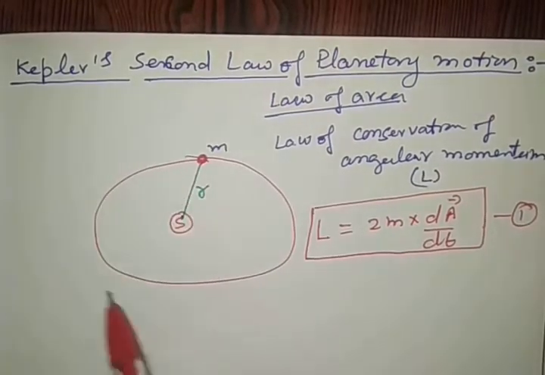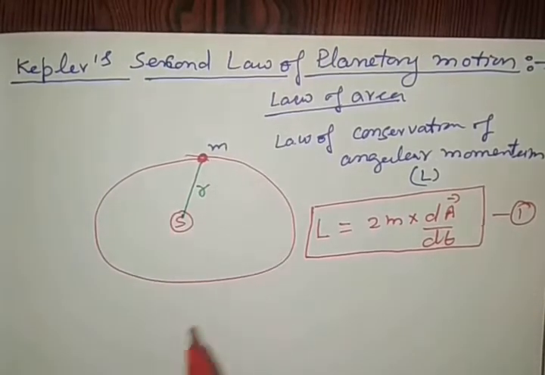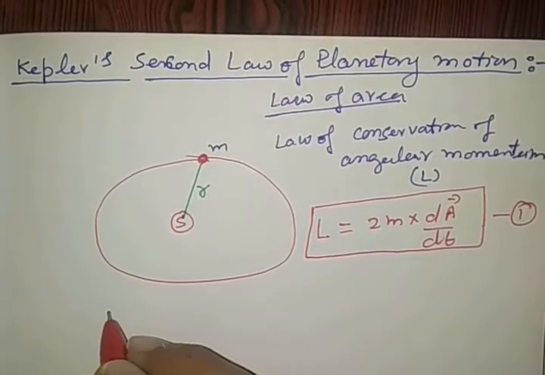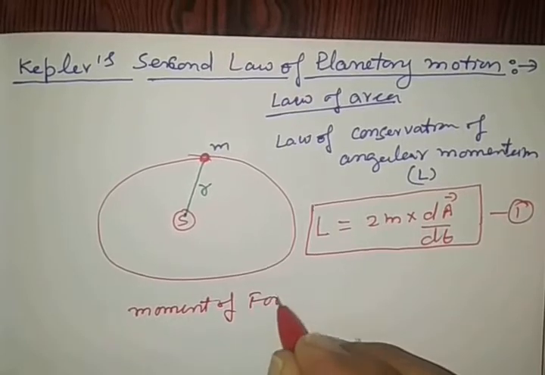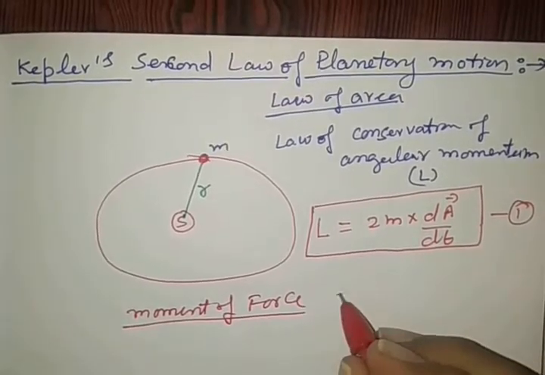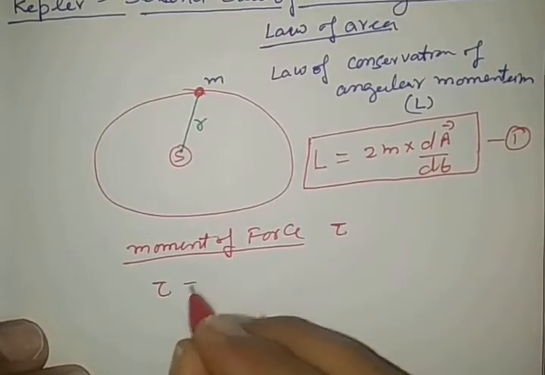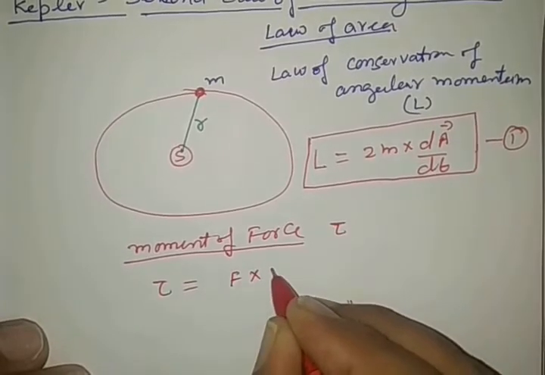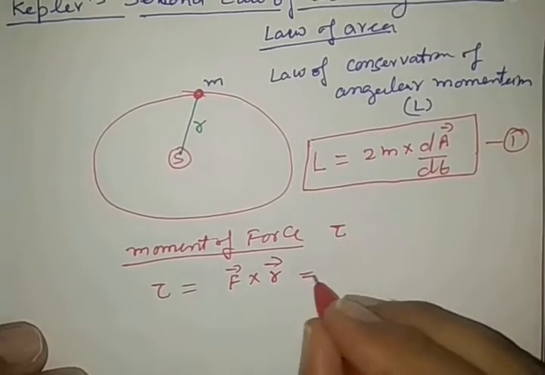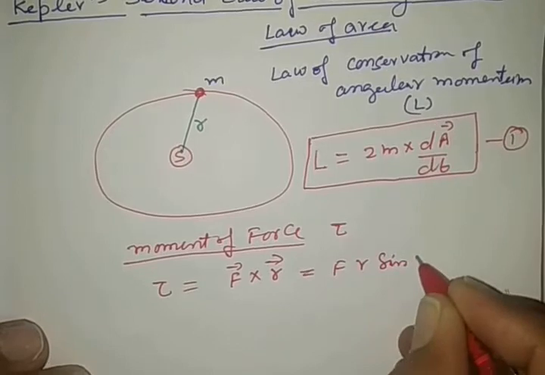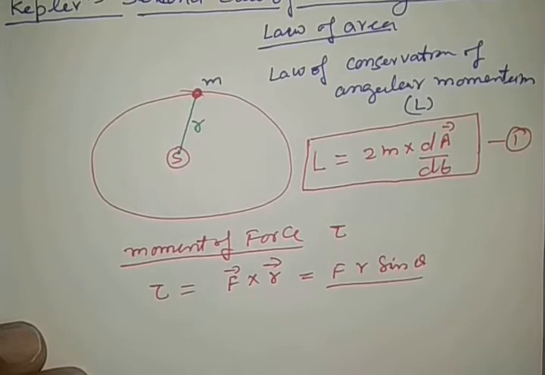When Earth revolves around the Sun in a circular path, that is rotatory motion, in place of force, moment of force acts. Moment of force is denoted by tau, and it is defined by the formula tau is equal to force into r, also given by F r sin theta, where theta is the angle between force and r.